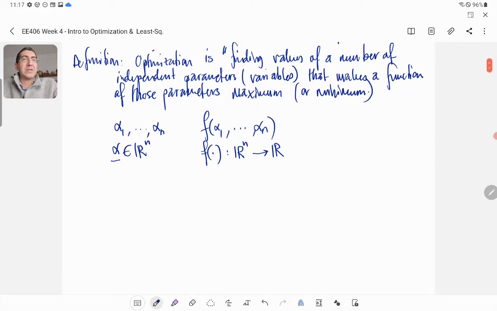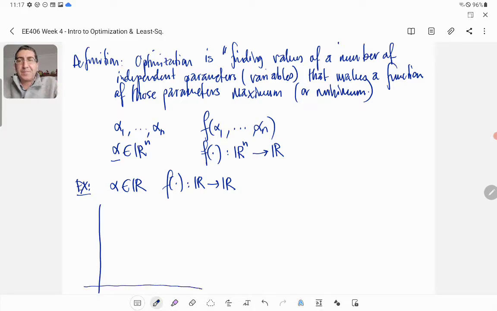Okay, let me give you an example, a one-dimensional example. Let's say alpha is just a real number, and f is simply a function from R to R. In this case, we can plot this function. This is our independent variable alpha, and this is f of alpha.